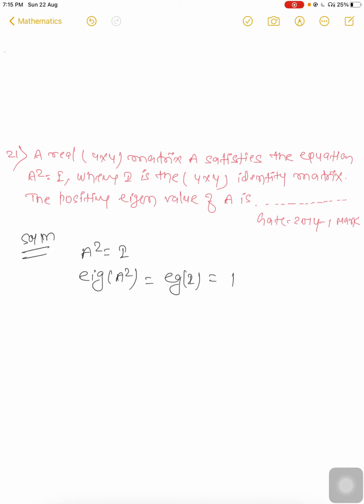Because 1, 1, 1, then the determinant will be 1, the multiplication will be 1, and the sum will be 2. The eigenvalue is 1.